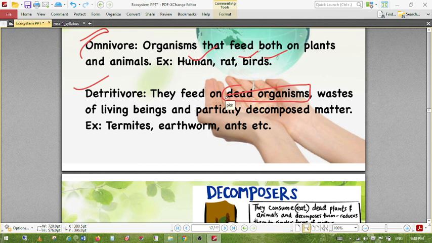But in the process the majority of the energy is lost in the form of heat everywhere, because the second law of thermodynamics tells that whenever energy transfer takes place from one level to another level, there must be loss of heat, because no engine or anything is 100% efficient, and the loss of energy is in the form of entropy, that is, randomness increases everywhere, which means loss of energy obviously occurs.